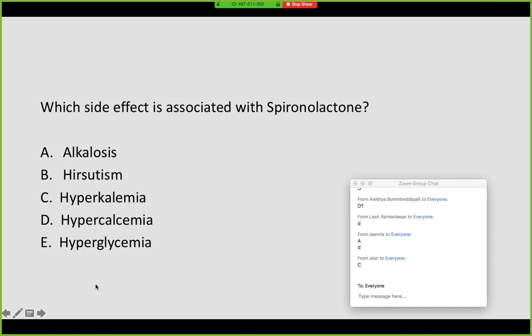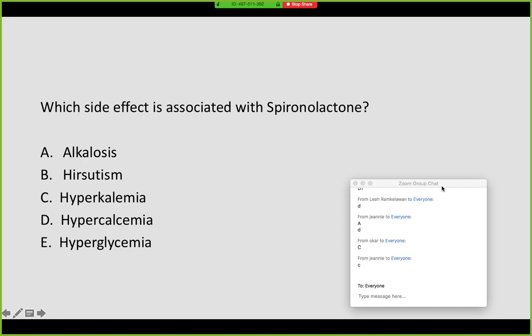Okay, so which side effect is associated with spironolactone? Right, so hyperkalemia. So definitely, something important to keep in mind is which diuretics are producing hyperkalemia in the patient versus hypokalemia.